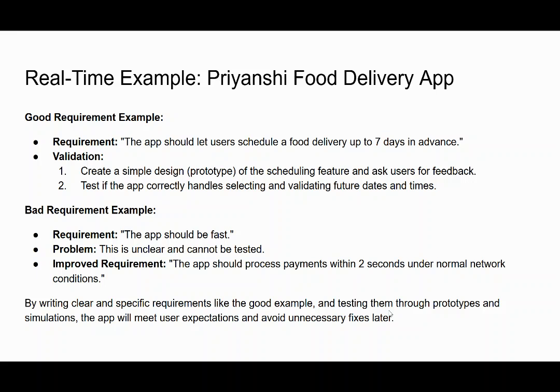So the conclusion is that by writing clear and specific requirements, like the good example of scheduling a food delivery 7 days in advance, and testing them through prototypes and simulations, the app will meet user expectations and avoid unnecessary fixes later. This is all about the characteristics of a good requirement and some validation techniques for these requirements. Yes, and thank you so much.